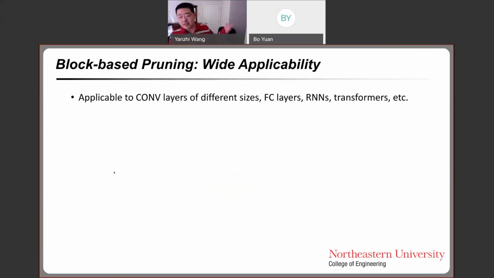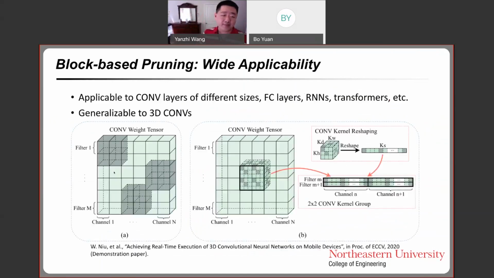Block-based pruning, as we say, has wide applicability. It is even generalizable to 3D convolutions. As we see here, we have generalized to 3D convolutions for activity detection, when there is a third dimension of time. And here it shows how to generalize to the weight tensors.